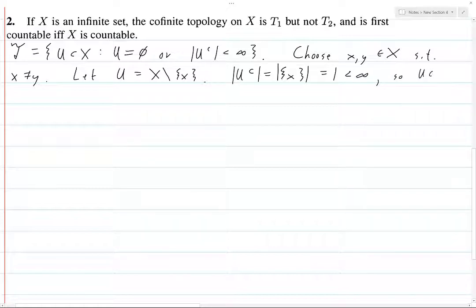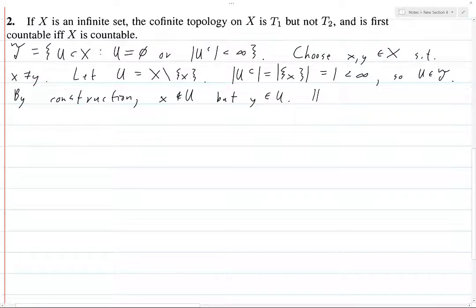So U is an element of the cofinite topology. By construction, x is not in U, but y is in U. Hence, tau is T1.